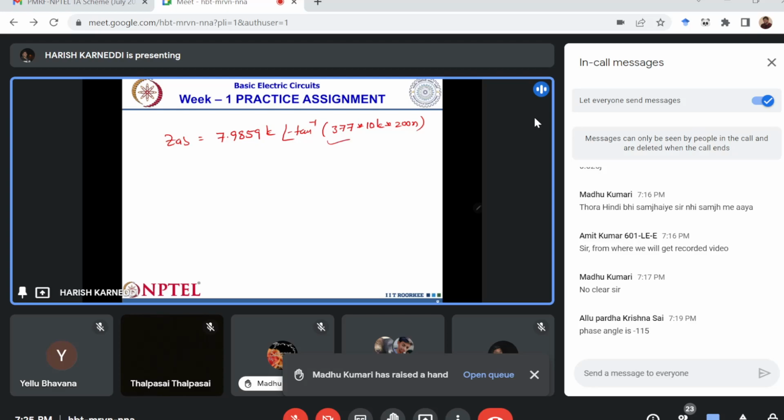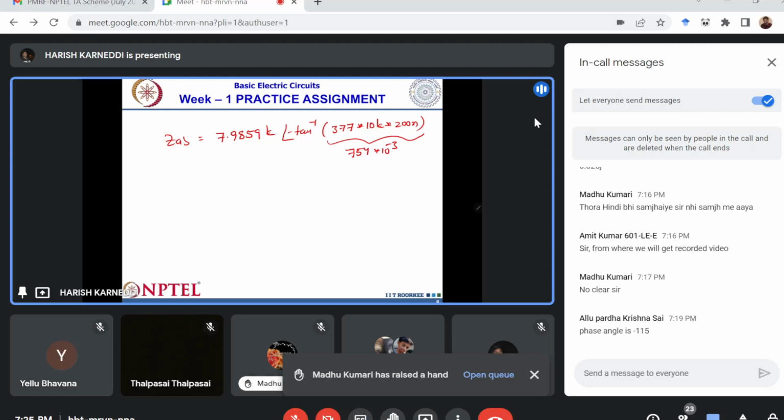What is this value? 377 into 10k into 200 nanofarad. It is approximately 754 into 10 power minus 3.